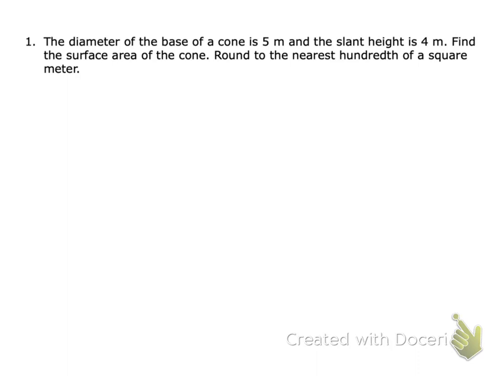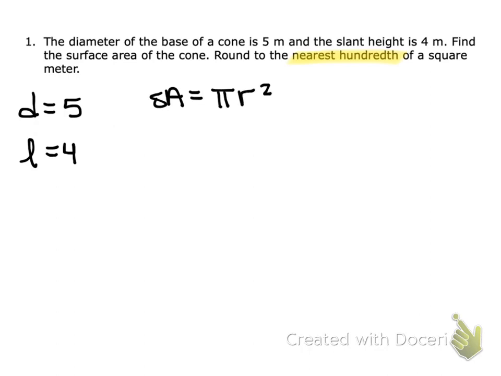So, diameter of the base of the cone is 5 meters. Slant height is 4 meters. Find the surface area of the cone, round to the nearest 100th of a square meter. So, surface area of a cone, pi r squared plus pi r L, slant height L. Five and 4?